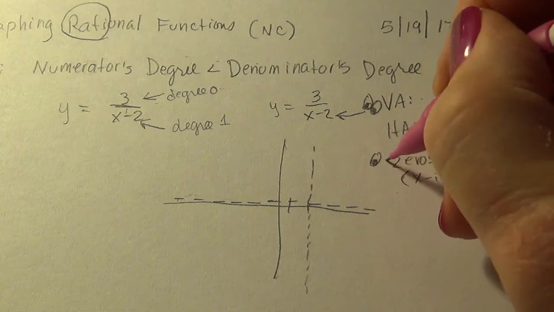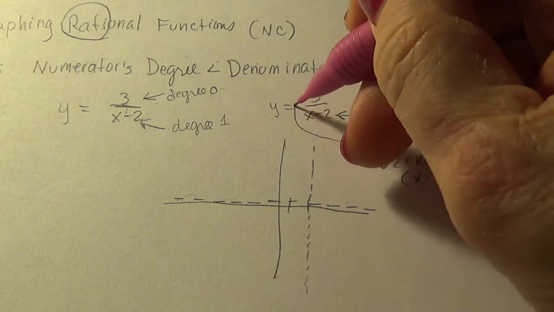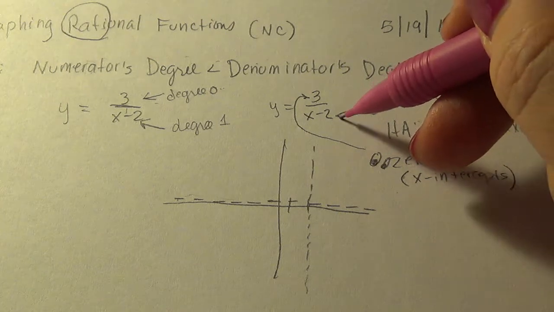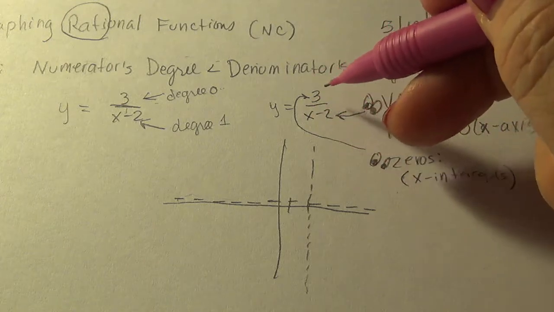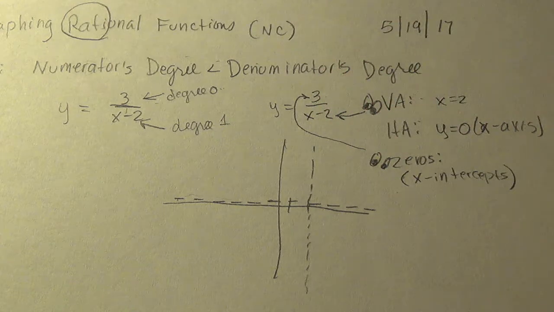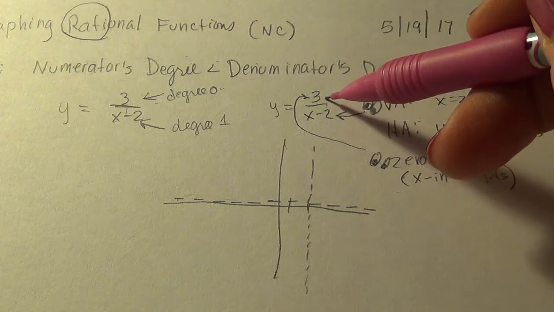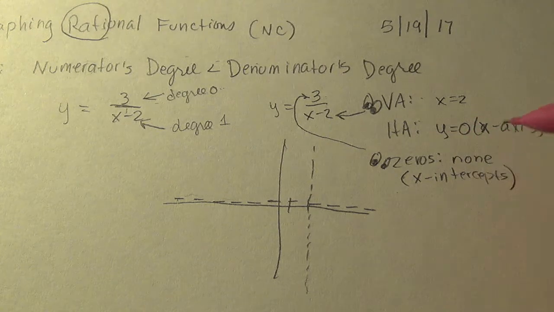For zeros, we are going to look in the numerator. For vertical asymptotes, we looked in the denominator. Now we're going to fix our gaze on the numerator, and wherever that is 0 is where it crosses the x-axis. It is never 0 because it's a 3. So this has no x-intercepts.